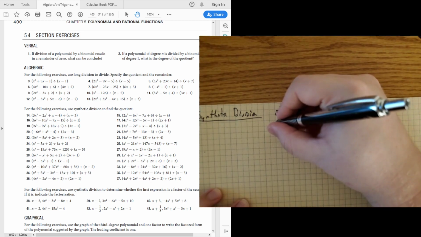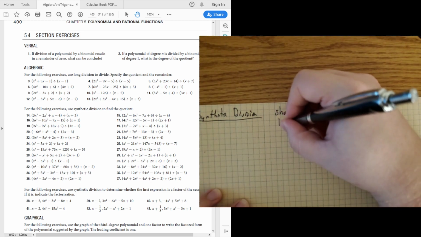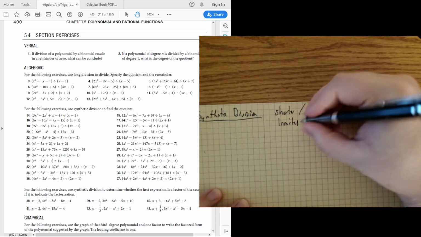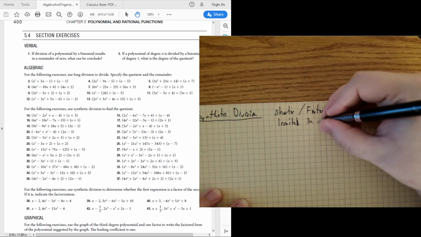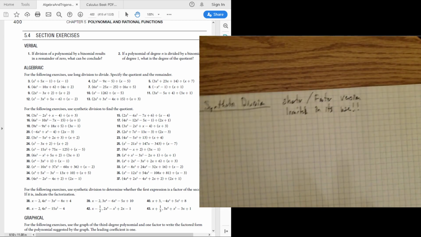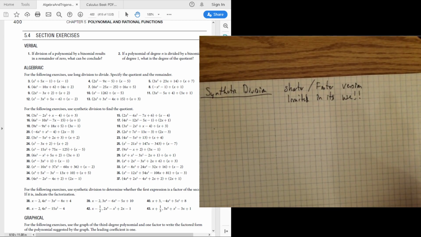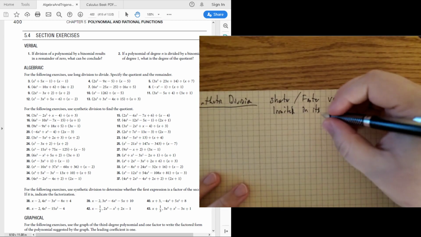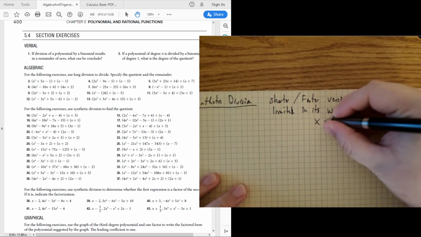However, on the other hand, it is also limited in how it can be used. It is very limited in how to use it. It can only be used when it is of the form x minus k.